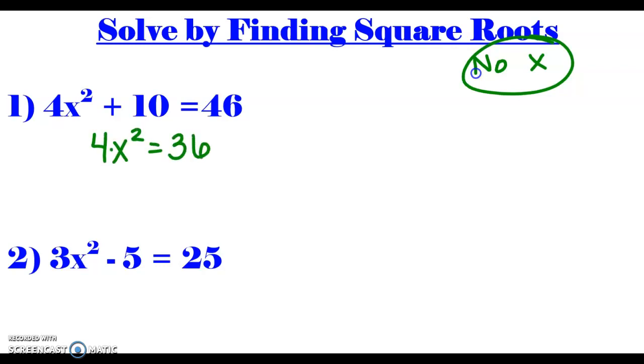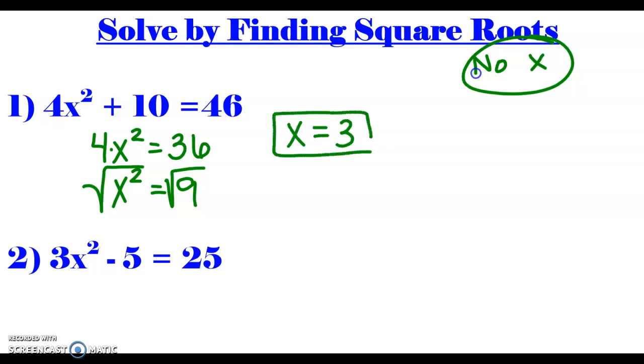To get rid of that multiply by 4, I would divide by 4 and get 9. To get rid of a square, I square root. Only thing you got to remember is there are 2 square roots of 9. You could do 3, because 3 times 3 is 9, or you can do negative 3, because negative 3 times negative 3 is also 9. So when you don't have an x, you can walk through like this.